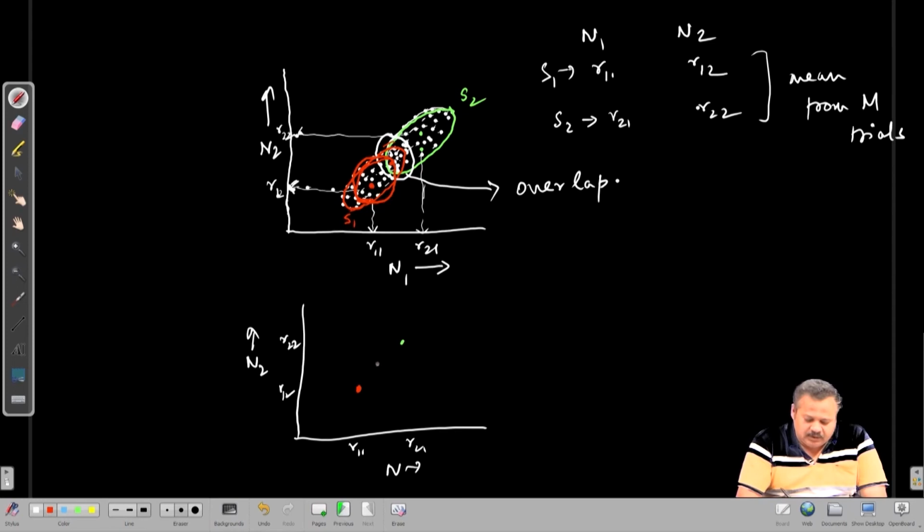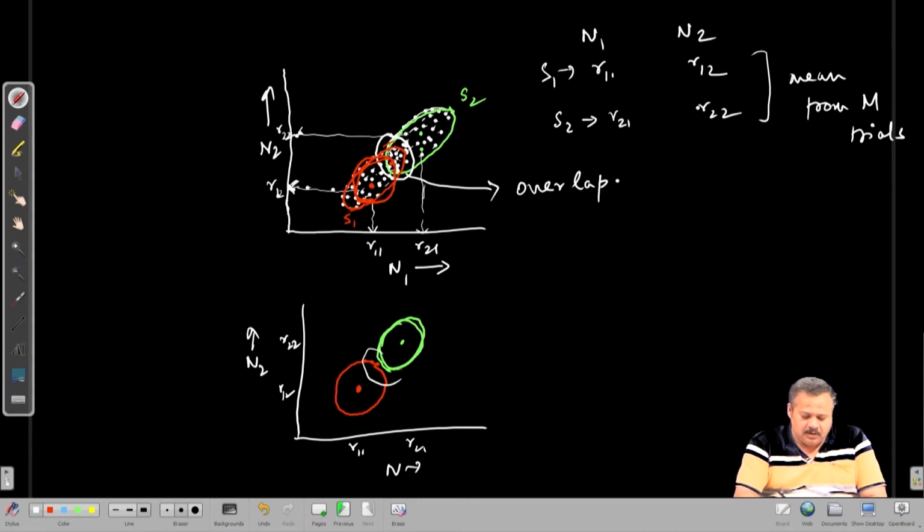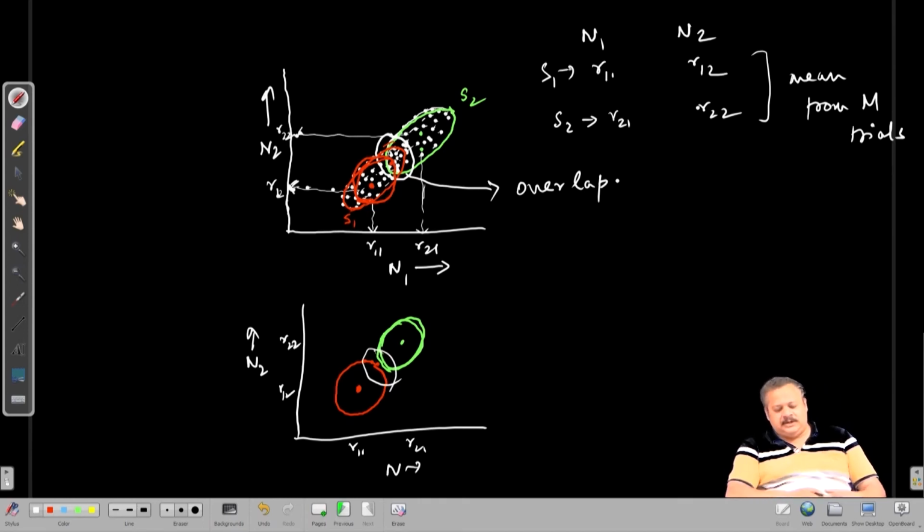Now let us say the noise correlations were lower, which means they become more circular than elliptical as above, and in the green also it will be more circular, and there will be a decrease in this overlapping region. It's probabilistic, so there will always be some overlap, but the extent of overlap is going to be much lower if the noise correlations were lower.